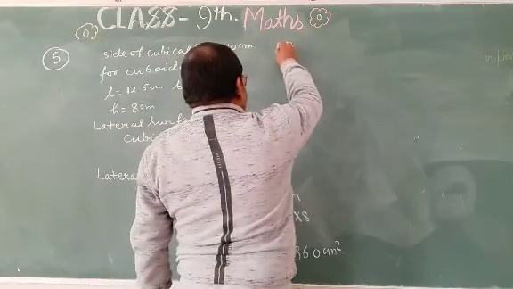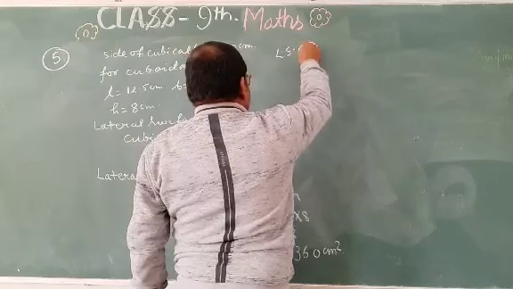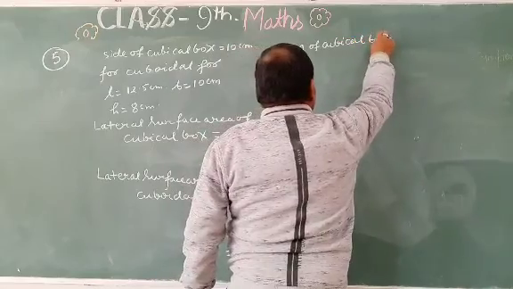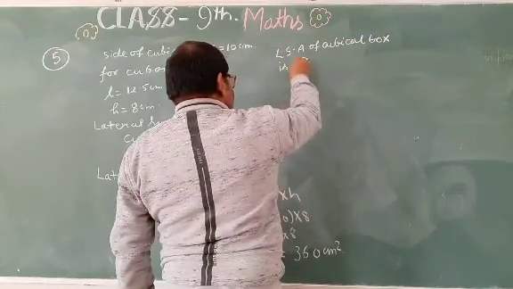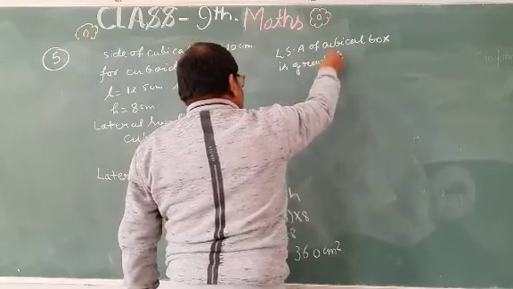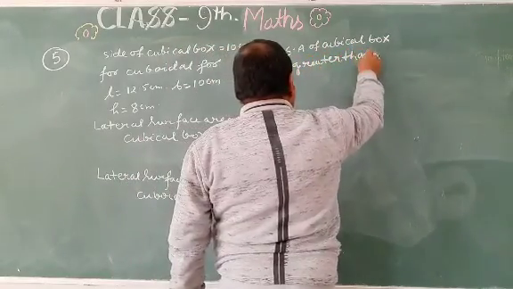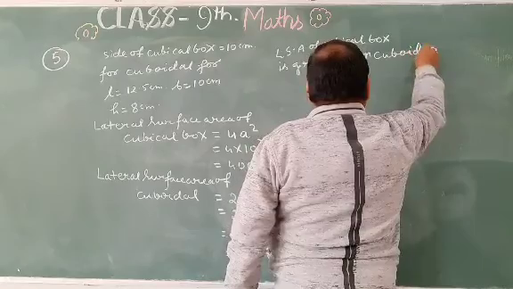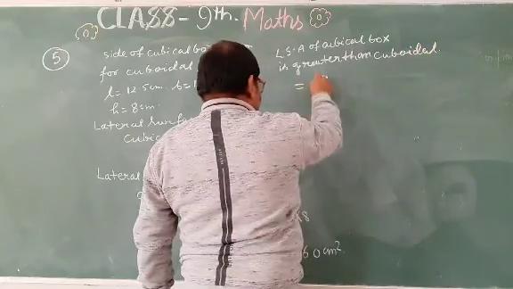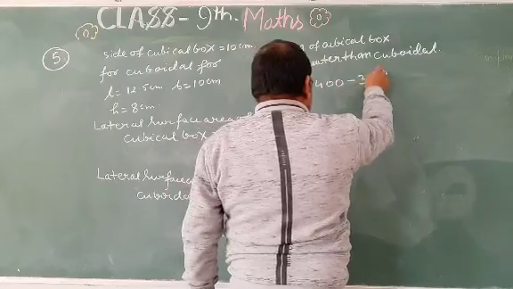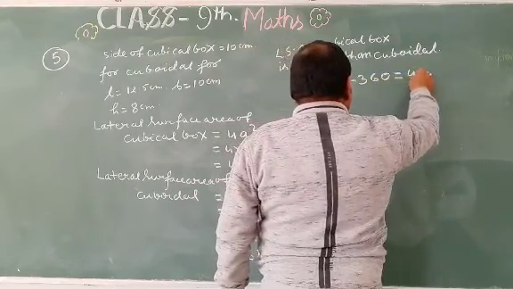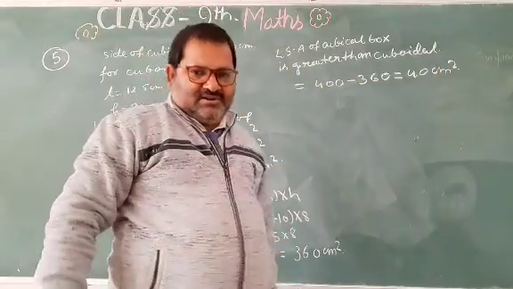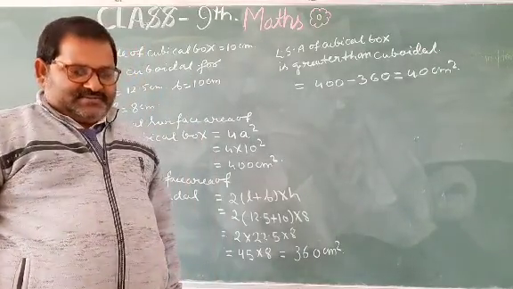So the lateral surface area of the cubical box is greater than the cuboidal box, and 400 minus 360 equals 40 centimeter square. This is the first solution.